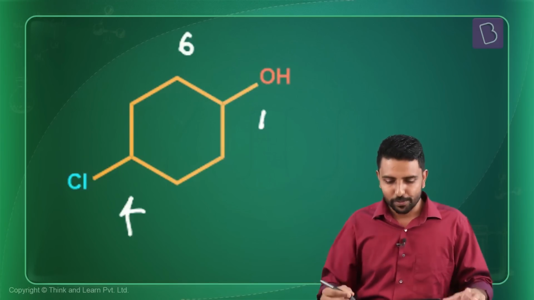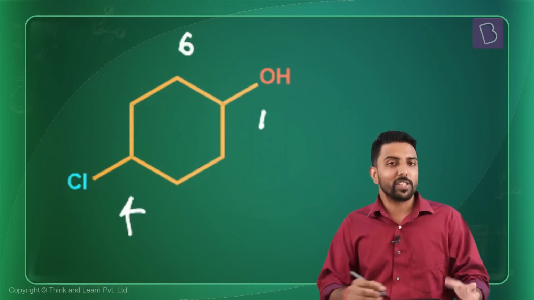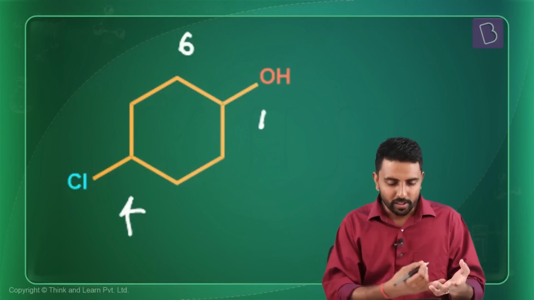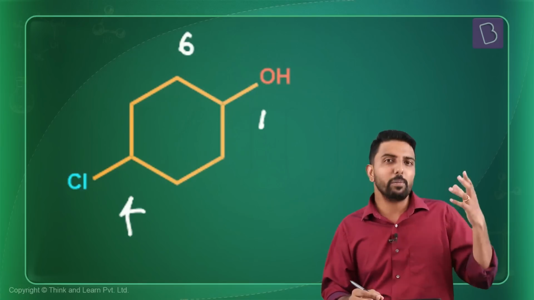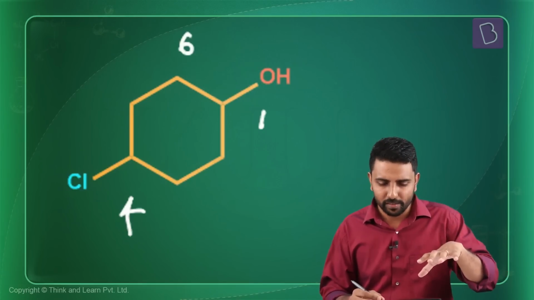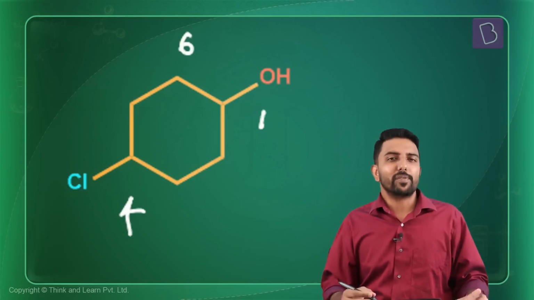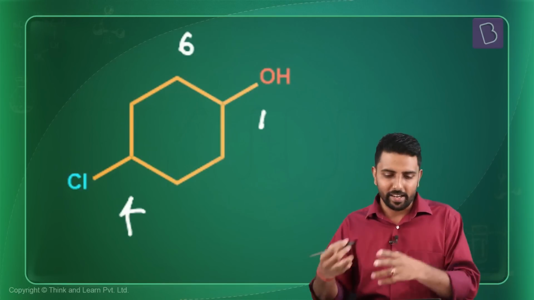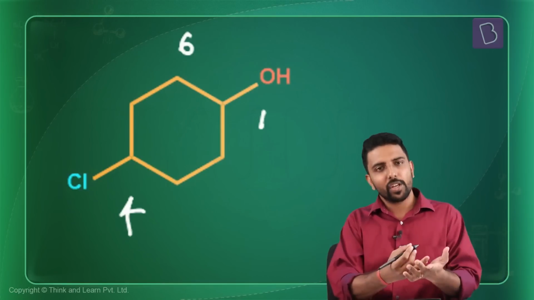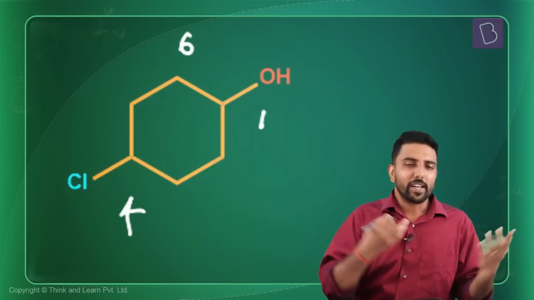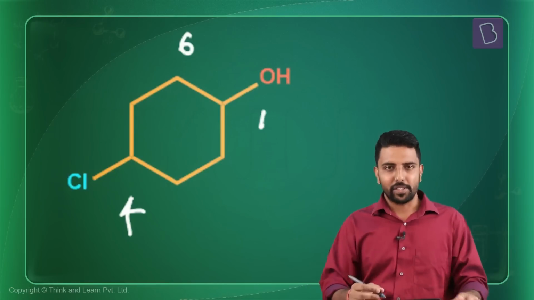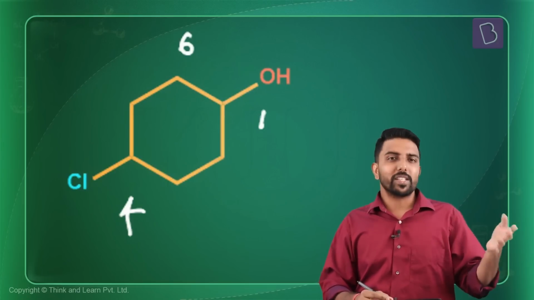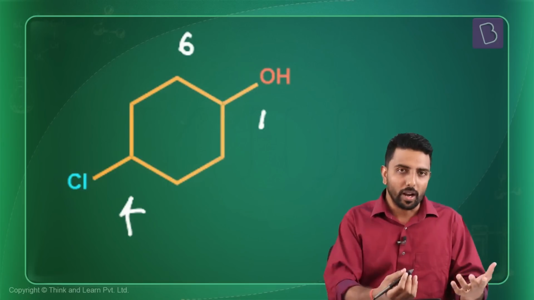So how do we name this? The secondary prefix, of course, is going to be 4-chloro. And like I mentioned, the primary prefix is cyclo, the word root is hex, and for the primary suffix, if you look at the ring, we don't see any evidence for unsaturation. It is going to be a saturated compound, and for that we use ane as the primary suffix, which gets modified by the secondary suffix. Looking at the primary functional group, the OH group, the secondary suffix is going to be ol, as in OL.